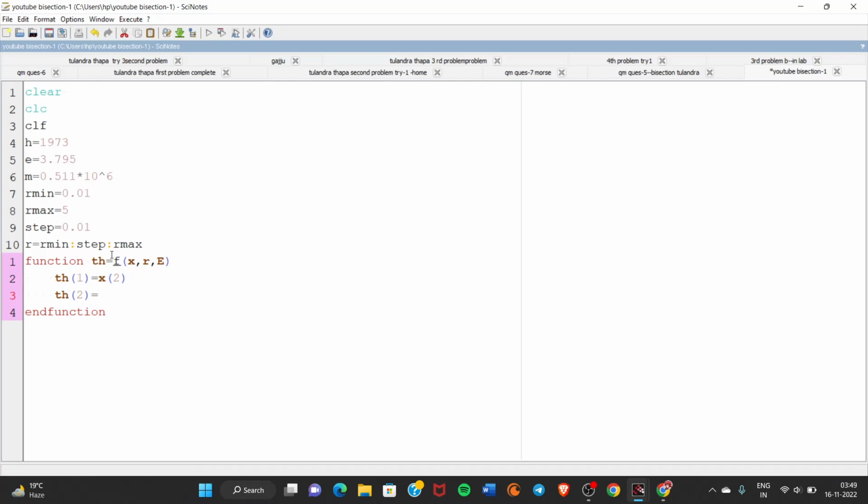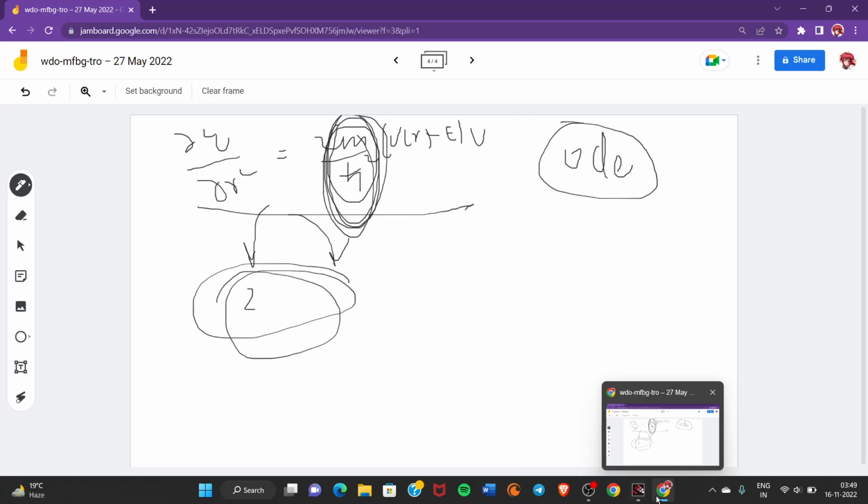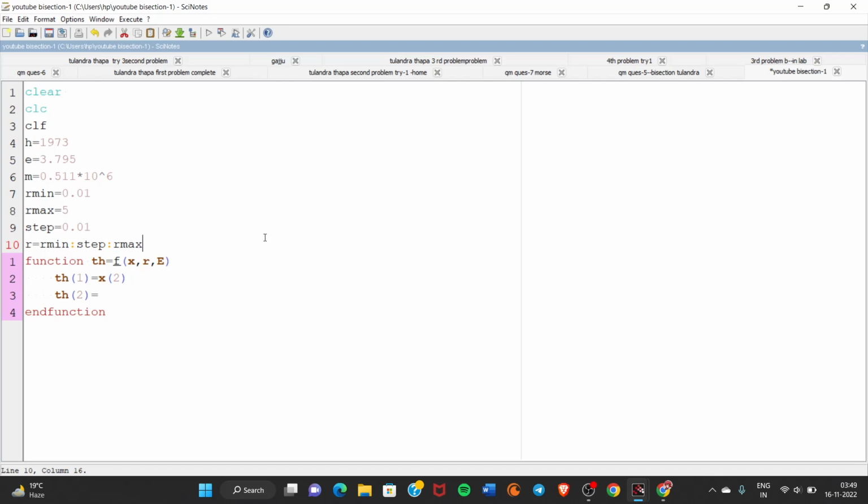now we have to write the whole term 2m upon h bar square. So instead of writing this, I can simply write 2m by h bar square as a constant. I can define it upwards, like here I can write c is equal to 2 into m.